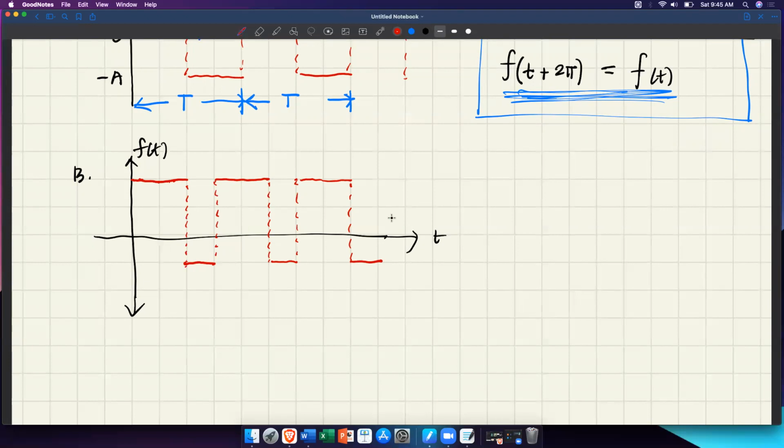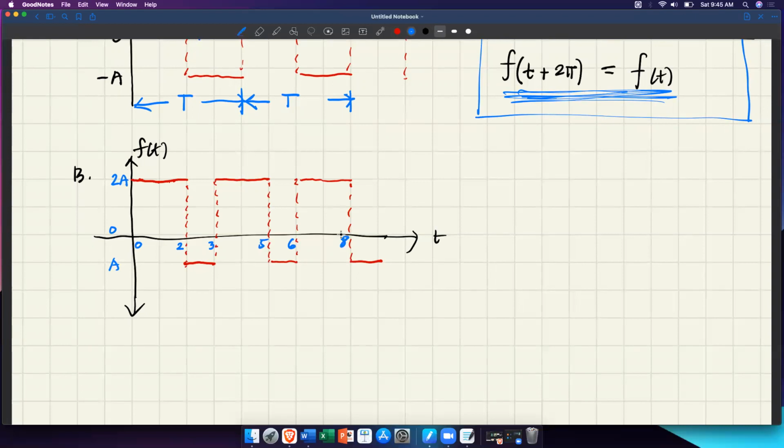Now let's label it first. Let's label the amplitude, let's say 2a. This is a, and this is 0. The time here is 0, and we have here 2, 3, 5, 6, 8, and so on.